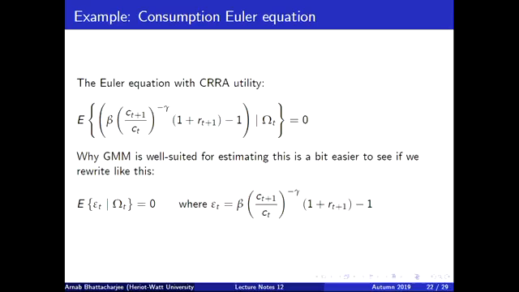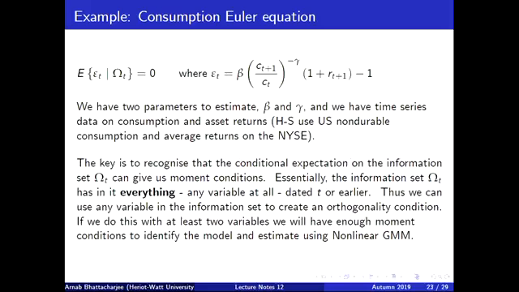Okay, so let us slightly rewrite this by setting this epsilon t as this guy here. So what are individual maximizers doing?